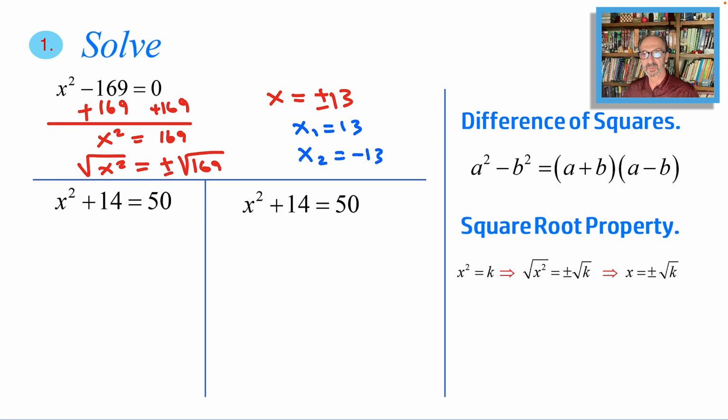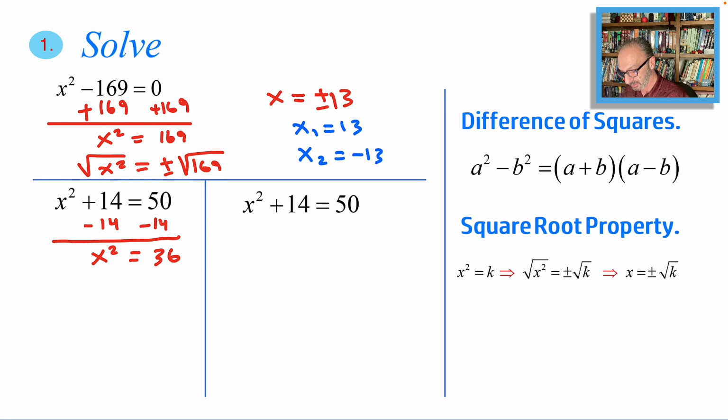Let's take another example. In this case, I have x squared plus 14 equals 50. So let's subtract 14 from both sides, and we end up with x to the second on the left. On the right side, 50 minus 14, which is 36.